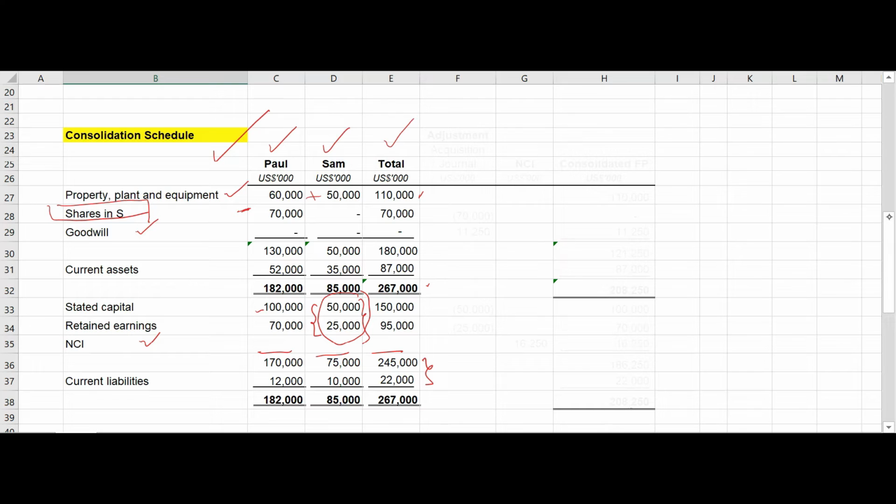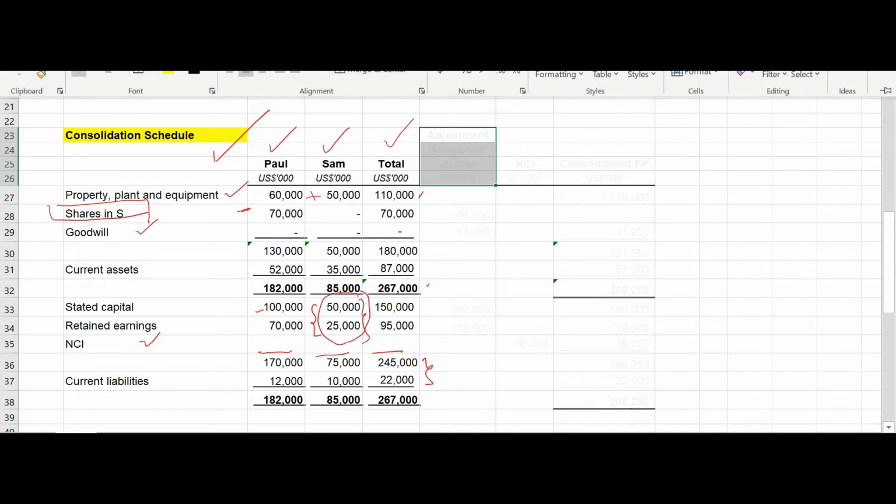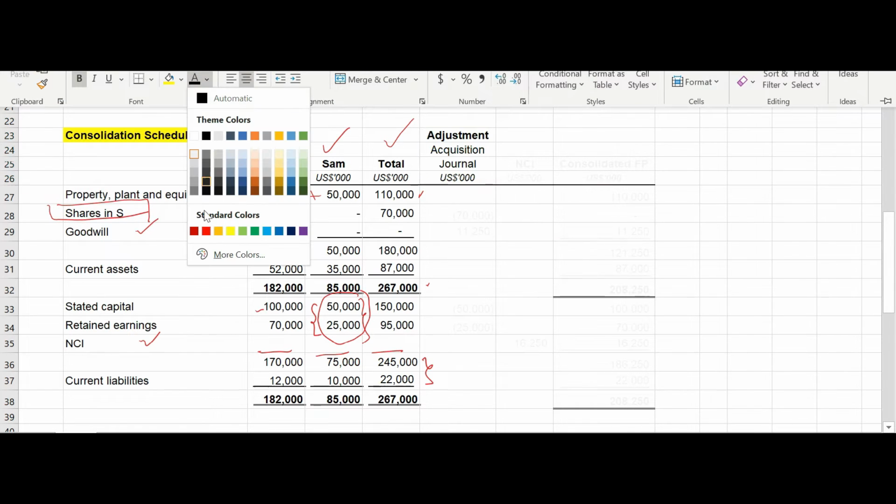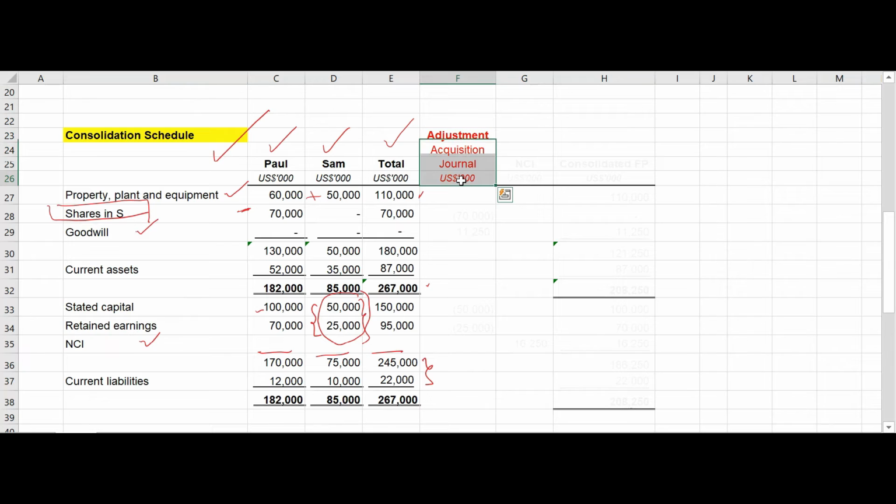Okay. So therefore, let's take the adjustment column. So this is the adjustment column. So I'll take the adjustment column for the acquisition journal.